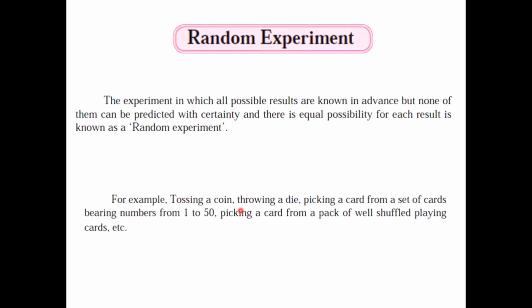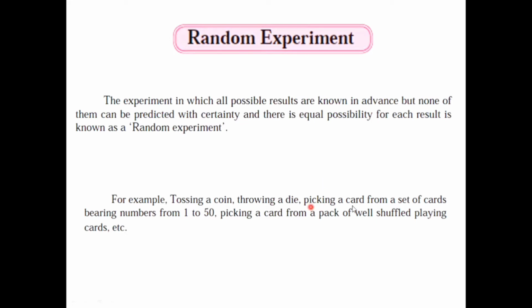In the same way, if we throw a die, which number we are going to get on the upper face cannot be predicted with certainty. But the possibility of getting all the numbers on the surface is equal. So that is also a random experiment.